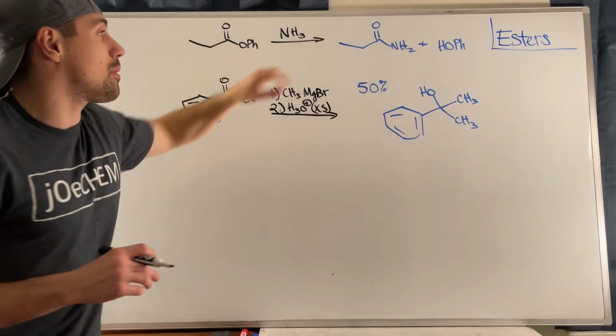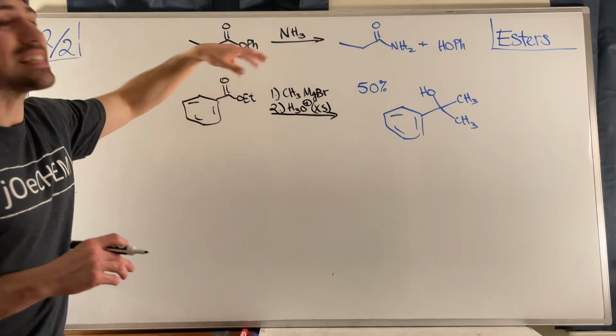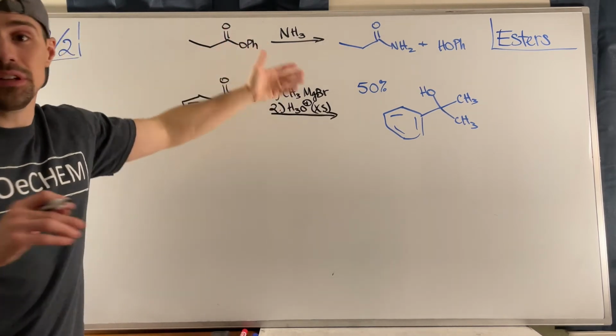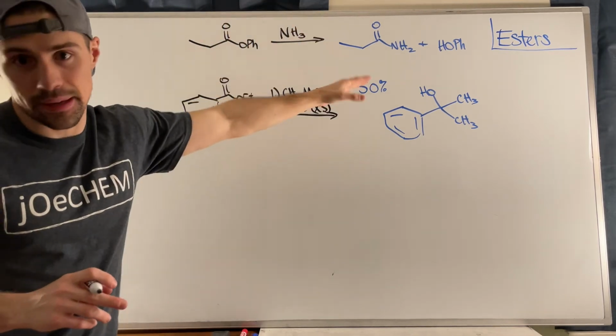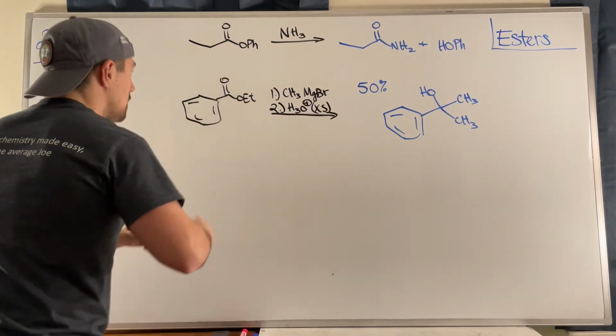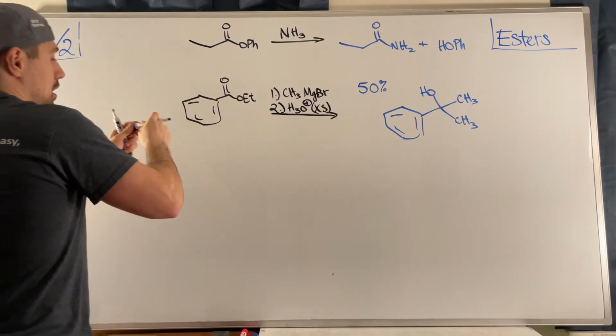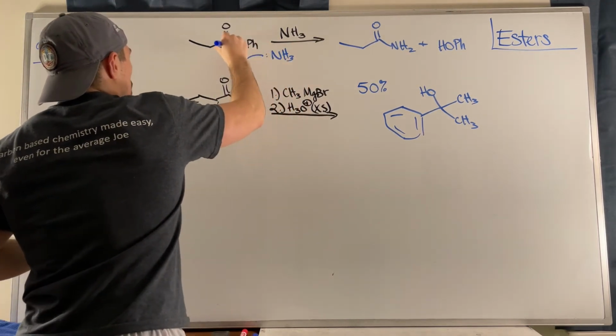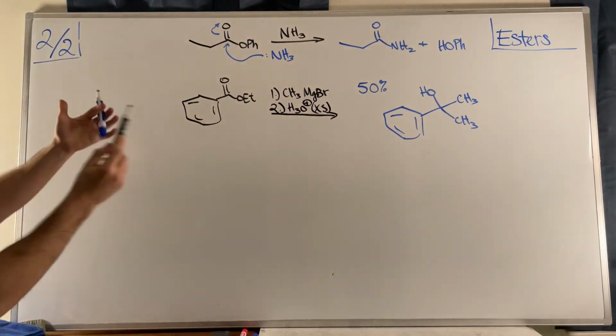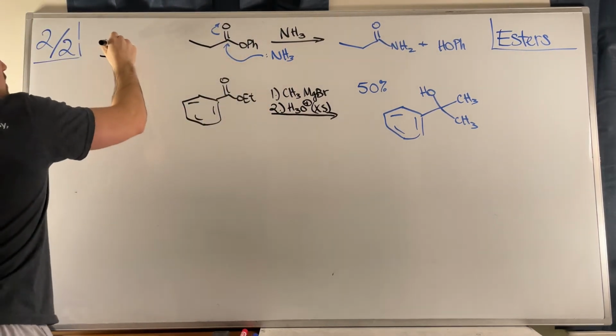So this first problem up here, this is just an ester being attacked by, here it's ammonia, but it's an amine to go from an ester to an amide, right? So what's happening here is the same old story. We have a soft nucleophile. It's going to attack the carbonyl carbon. You kick these up. You generate your tetrahedral intermediate.